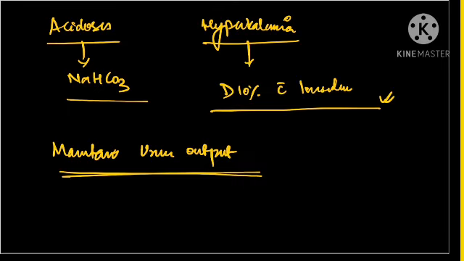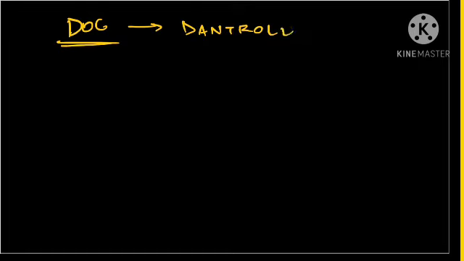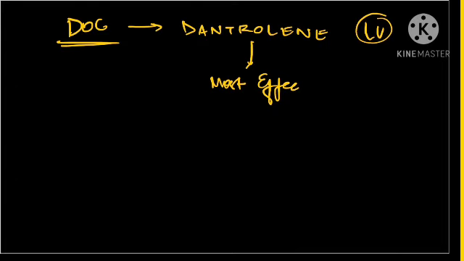What is the drug of choice? The drug of choice is dantrolene IV. Dantrolene is the most effective treatment for malignant hyperthermia. How much is it given?